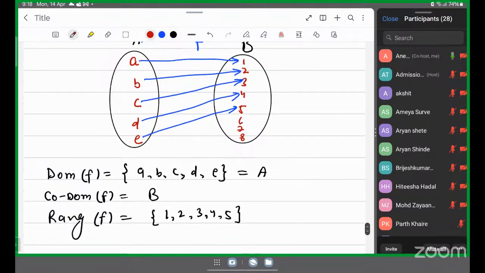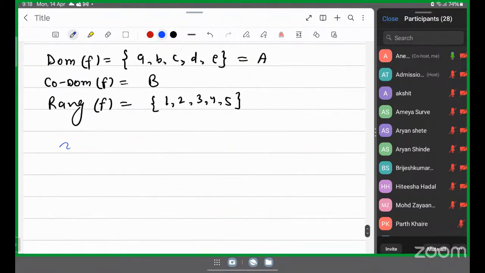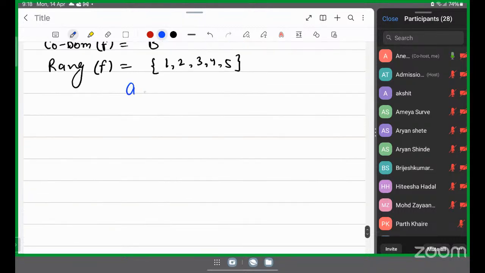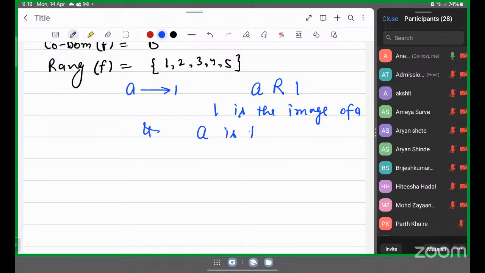Since a is connected with 1, a is related with 1. It is also given as 1 is the image of element a, and a is the pre-image of element 1.